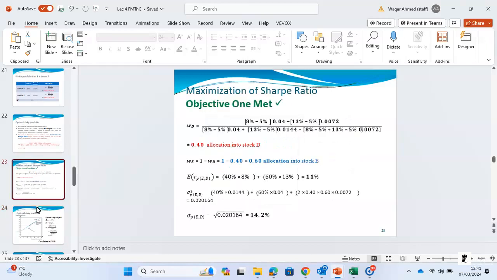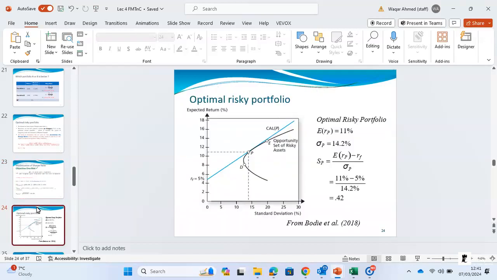Using the numbers in our example, we solved for the weights. Based on the example, if we invest 40% in stock D and 60% in stock E, that will give us the optimal portfolio, which will have the highest Sharpe ratio.